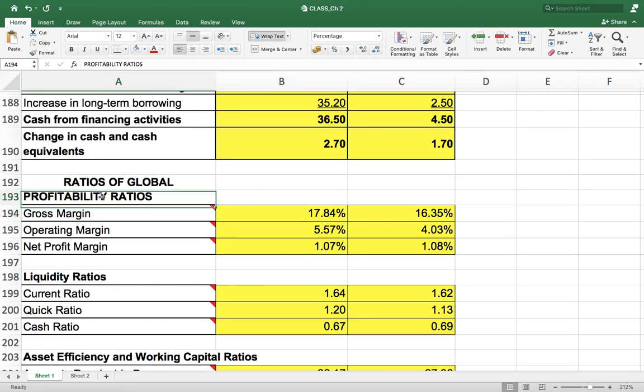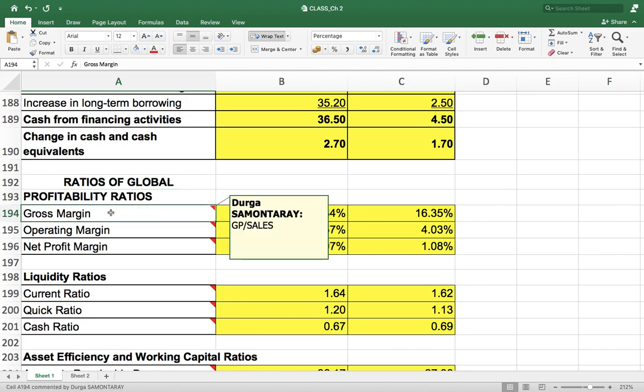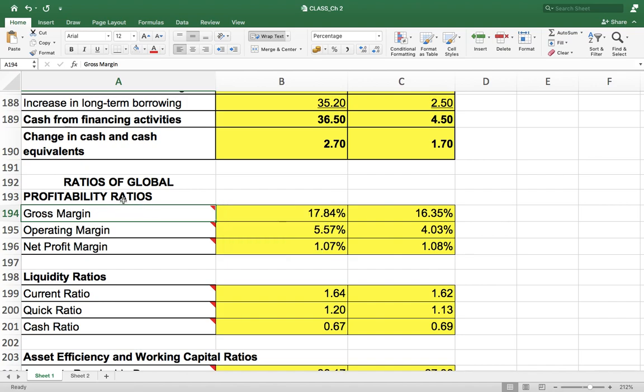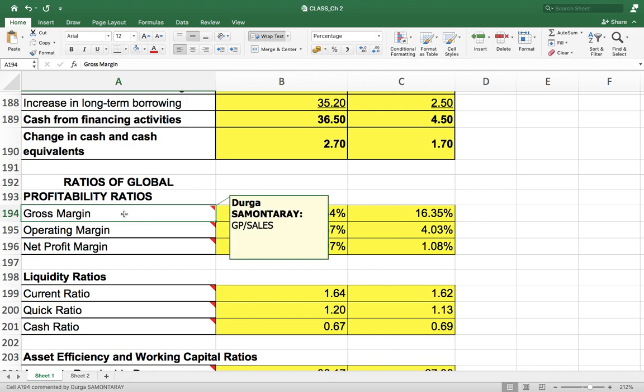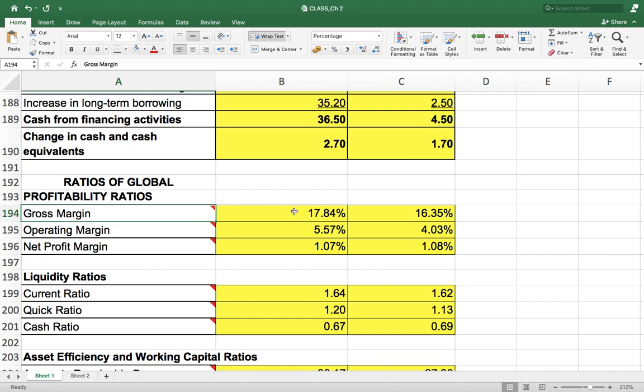First we will see the profitability analysis or profitability ratios. Profitability analysis can be replicated with ratios; they are synonyms. We have three profitability ratios. What I have done, each ratio I have written here, the formula I have written in the comments, and the modeling we have done here.